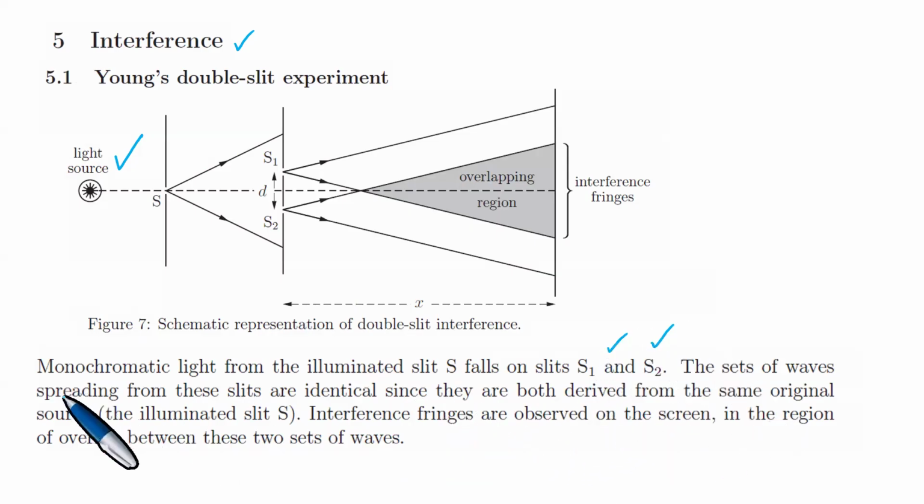The sets of waves spreading from these slits are identical since they're both derived from the same original source, the illuminated slit S. Interference fringes are observed on the screen in the region of overlap between the two sets of waves. Okay, good. We continue.